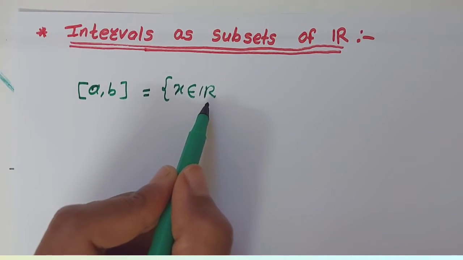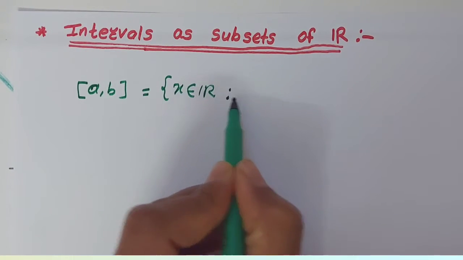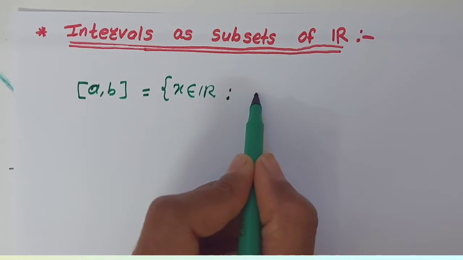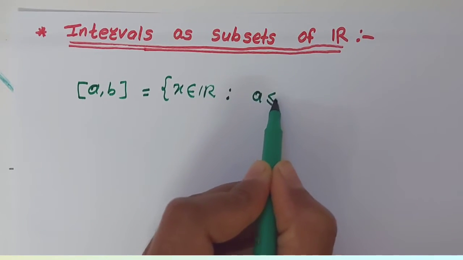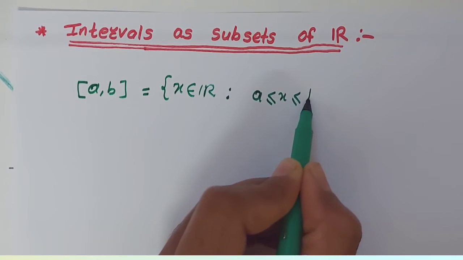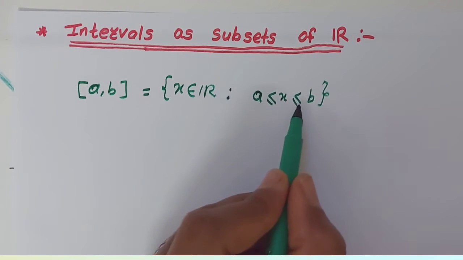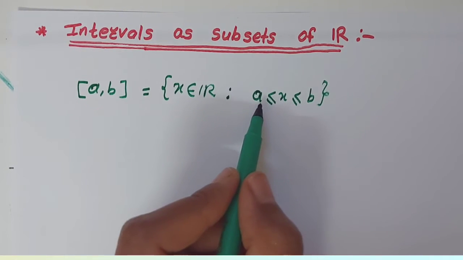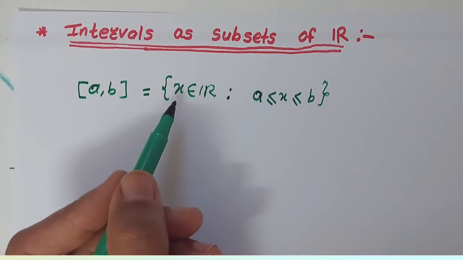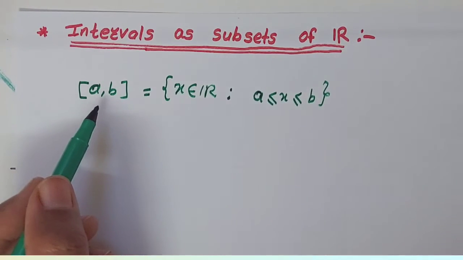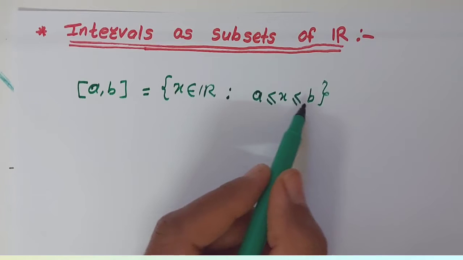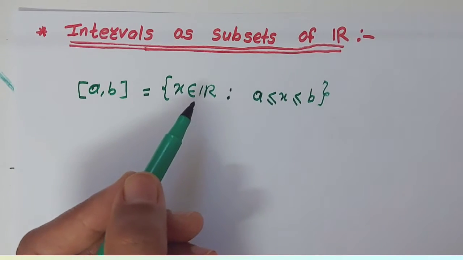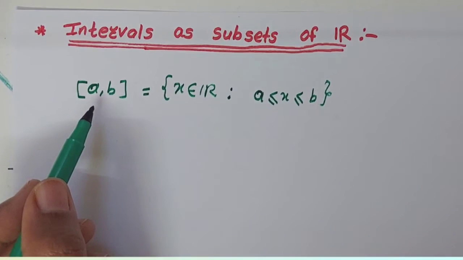All the real numbers का collection कर रहे हैं, such that a is less than or equal to x less than or equal to b. मतलब including a और b, जो भी real numbers a से b के बीच में आते हैं, including a and b, उन सभी real numbers का collection, that is nothing but the closed interval. And this closed interval contains elements from the set of real numbers, so it is also a subset of the set of real numbers. So the closed interval is a subset of the set of real numbers.